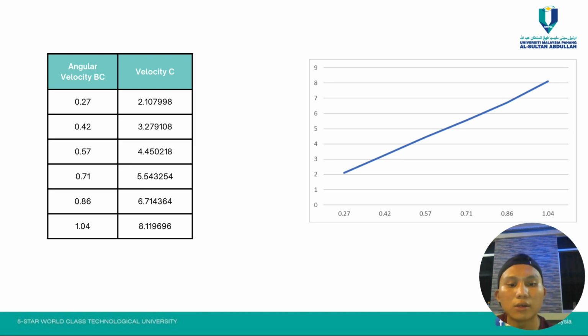After we simplify the equation, we just insert the value of the angular velocity BC, and we automatically get the velocity C value. We put in all of the values from 0.27 until 1.04, and on the right side, this is the graph for the angular velocity BC.